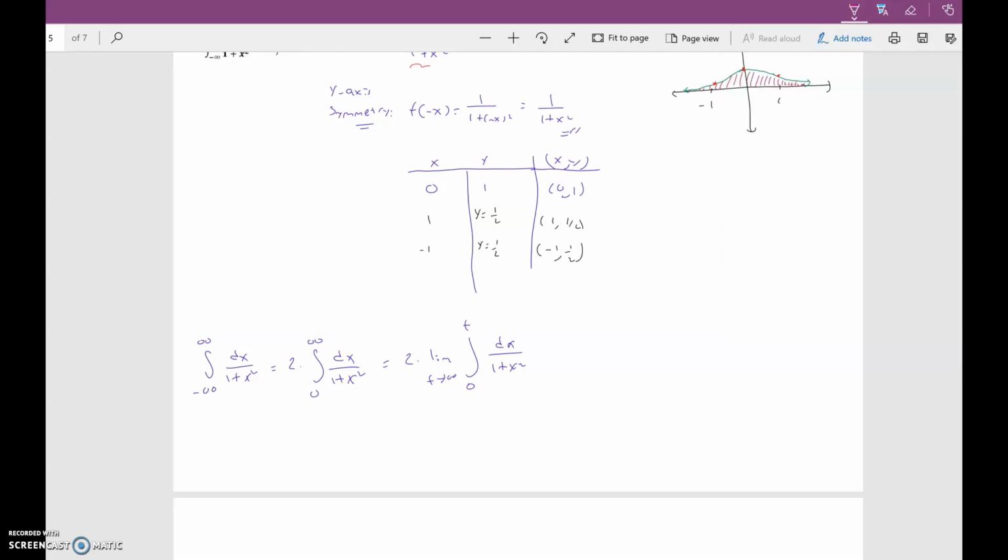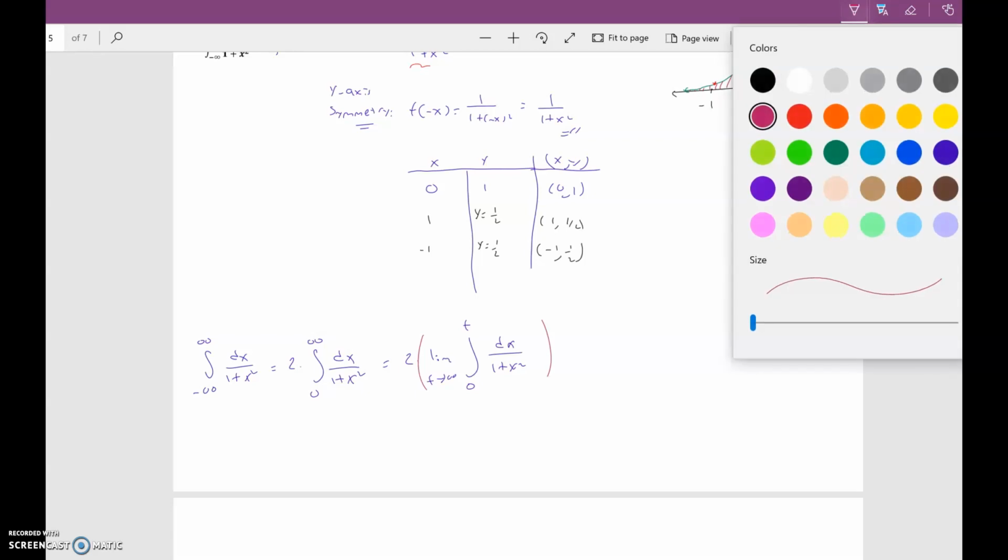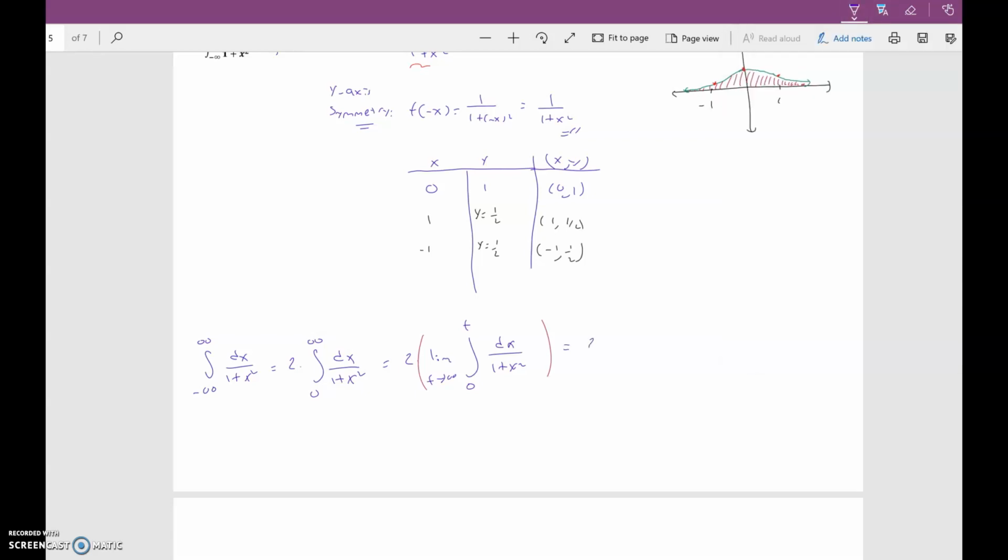And if you recognize this one, you should remember that this is 2 times the limit as t approaches infinity, and the integral of 1 over 1 plus x squared is your tangent inverse. I think this one's showed up a lot of times. So this is the tangent inverse of x, but we're going to be evaluating from 0 to t.